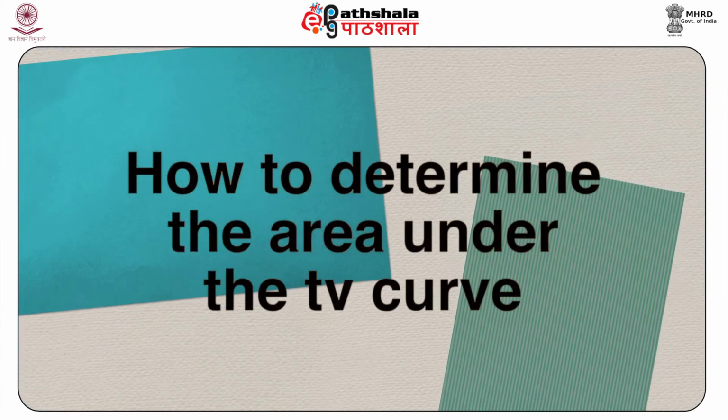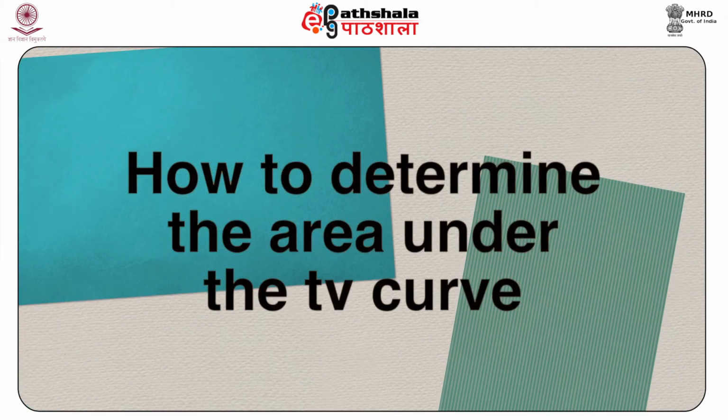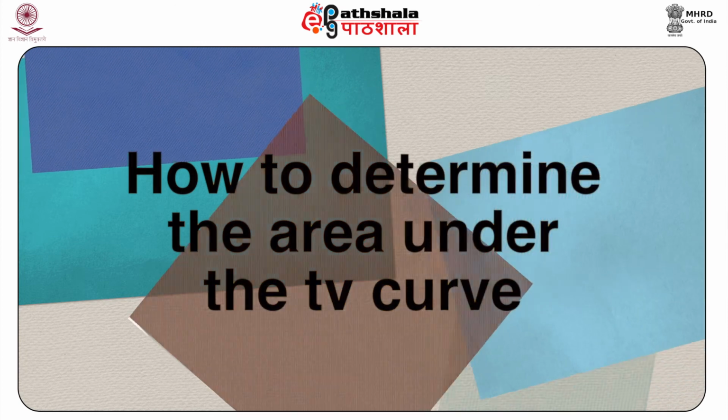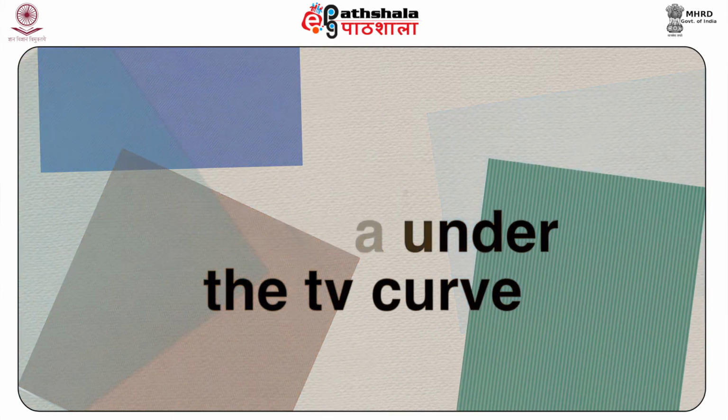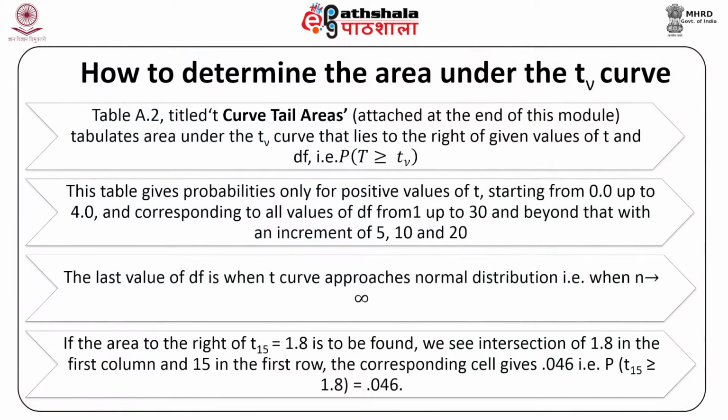Let us now try to discuss how to determine the area under the T curve, or I may also call it T nu curve. In order to determine the probability or area under the T distribution, which is given in your appendix table A2, titled curve tail areas, and this is attached for your ready reference, otherwise you can have it from any other textbook.